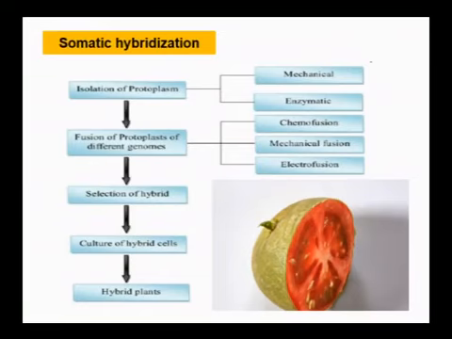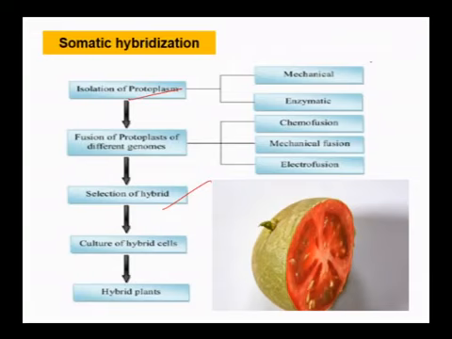In somatic hybridization, we isolate protoplasts, the fluid matrix of the cell devoid of cell wall; any plant cell devoid of cell wall is called a protoplast. We isolate protoplasts from the selected plant cells, fuse these protoplasts of different genomes or different cells, and select the hybrid.